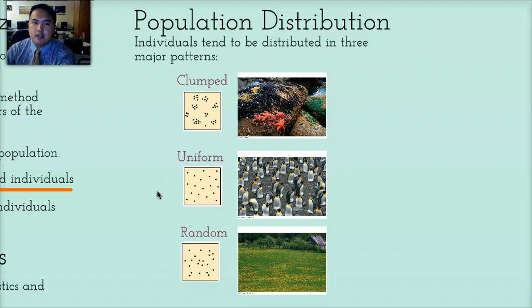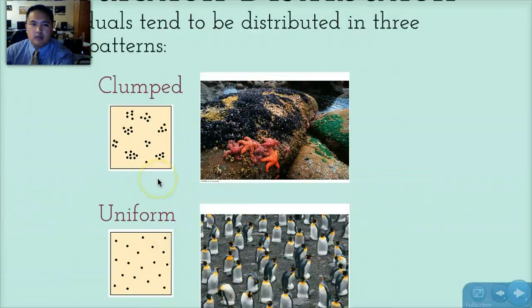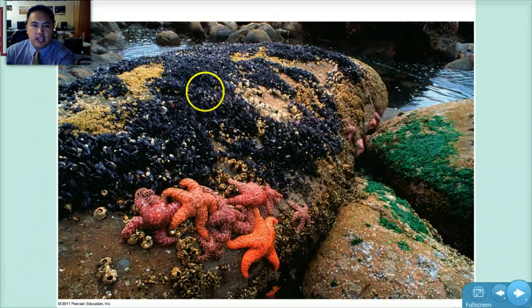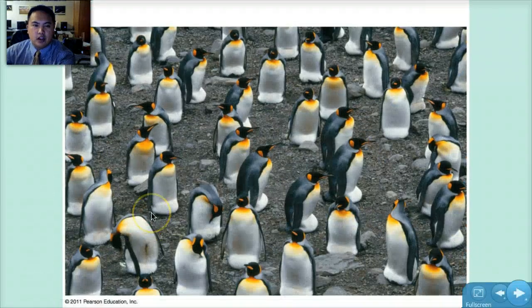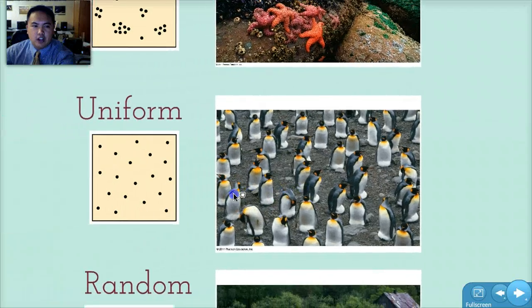Populations can also be distributed in 3 different ways. One of them is called clumped. So you can see in this tide pool, we have sea stars here. We've got a whole bunch of different animals here, but they all clump together. That's how a population is distributed. Another way is called, if I could zoom out for you guys, uniform.